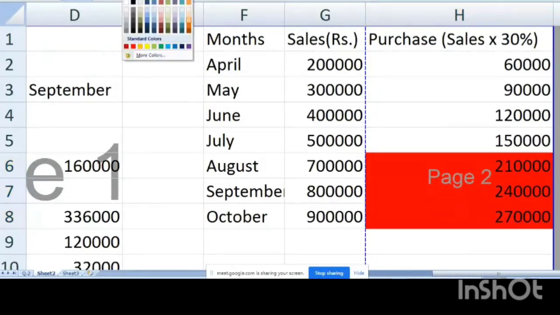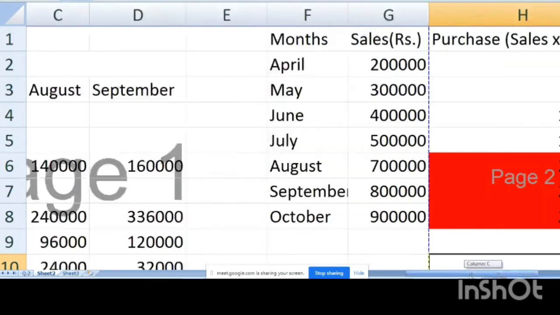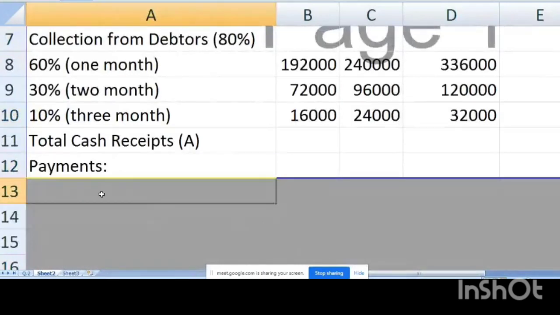This three purchase we will show under the head of cash purchase, respectively in July, August, and September. So here in payments, next is cash purchase, in bracket 1 month advance.